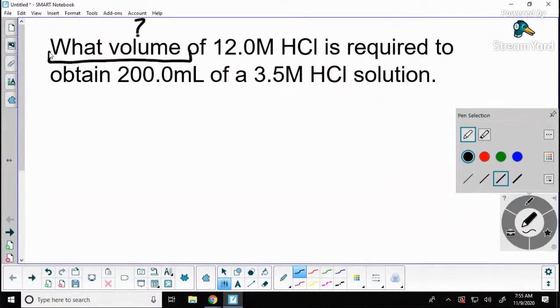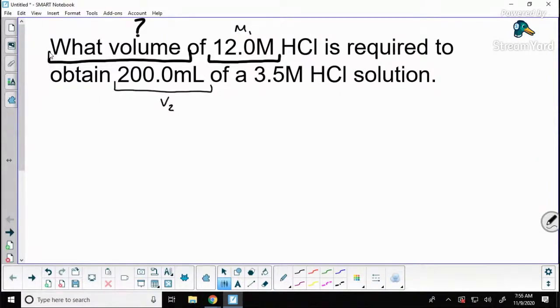This is our question, and it's asking of 12 molar HCl, so this is our starting molarity, M1. 200 milliliters is a volume, and because it's of our diluted solution, I'm labeling it as V2, of a 3.5 molar, which is my new molarity, M2. Rearranging M1V1 equals M2V2 to V1 equals M2V2 divided by M1, I have all the pieces of information I need to solve this problem.